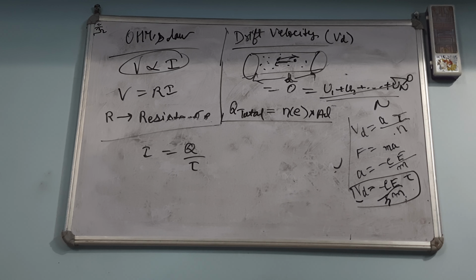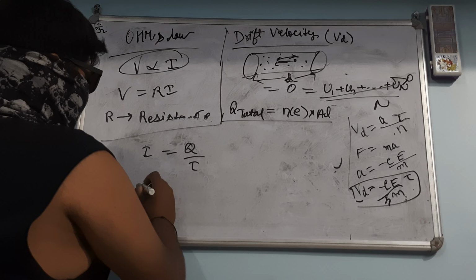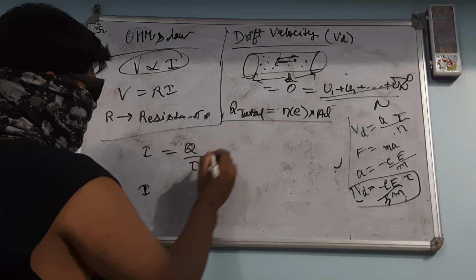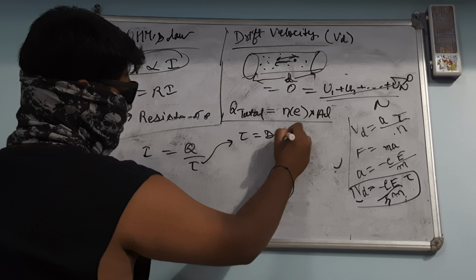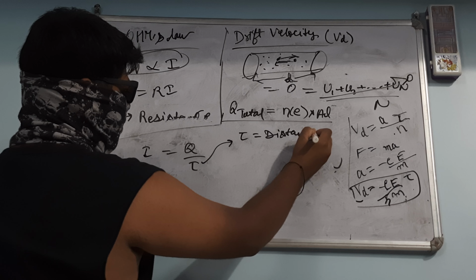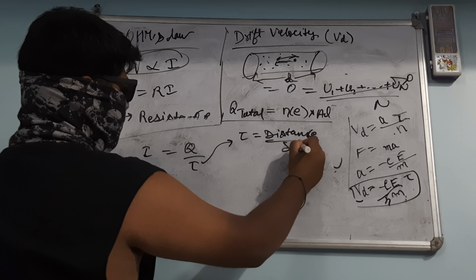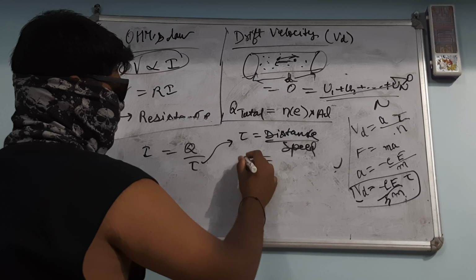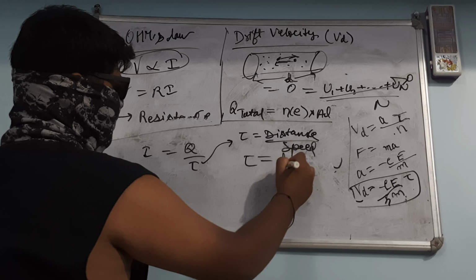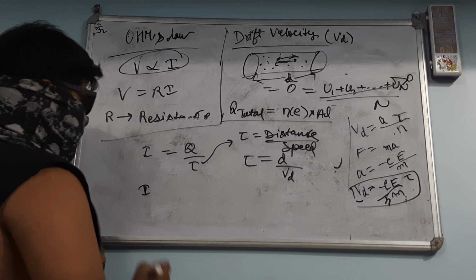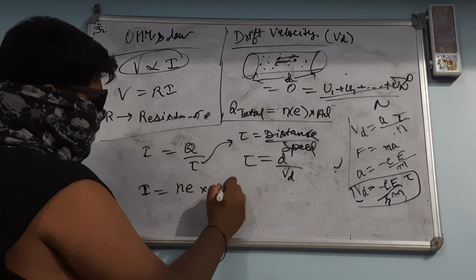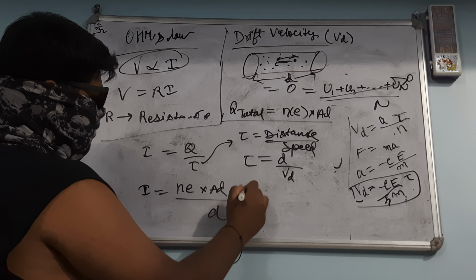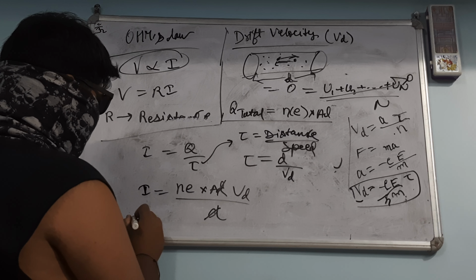Okay, so I is equal to Q upon time, and this time is equal to distance upon speed. This is equal to distance d upon Vd, the speed. So n e A d upon d into Vd. So we got our formula.